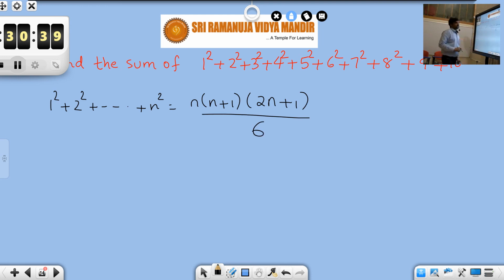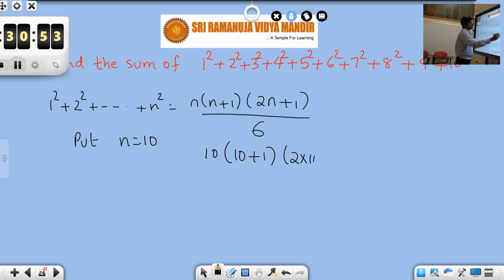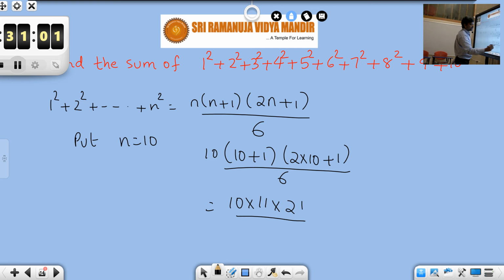Here n is 10. Putting n equal to 10 in this formula, we get 10 into 10 plus 1 into 2 into 10 plus 1 upon 6. Simplifying, 10 into 11 into 21 upon 6, we get 385.